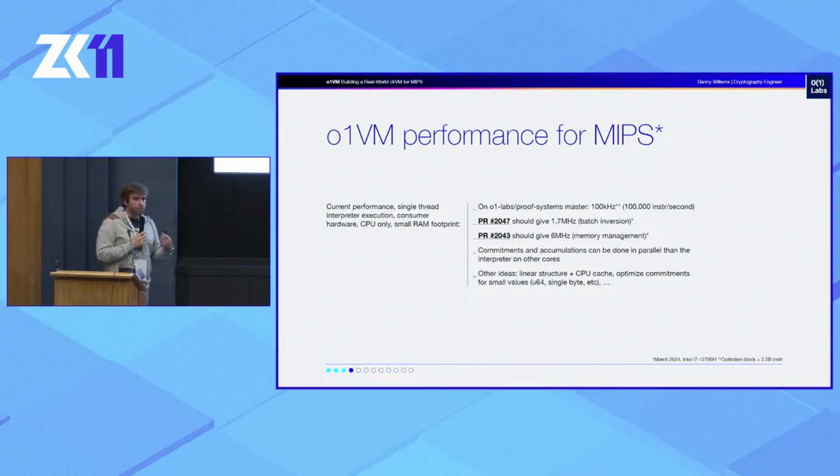We also have other ideas to improve the witness generation, like using more linear structure in the code, using more the CPU cache, and also regarding commitments, most of the columns are only small values, and they have a certain shape, so we think that we can also improve the computation of the commitments. And also the commitments can be done in parallel on the other cores while we're building the witness. And to give you an idea of the number of instructions for a real-world application, for Optimism, we've got around 2.5 billion instructions.